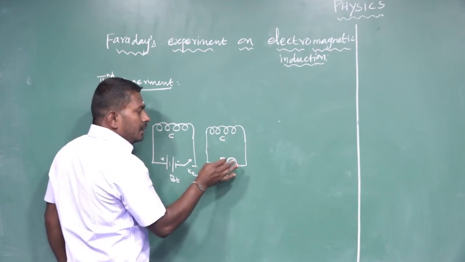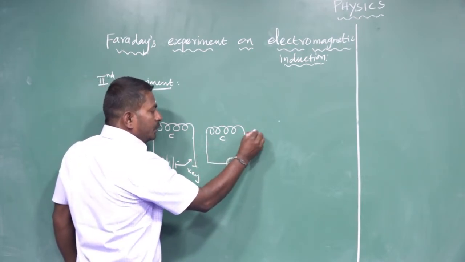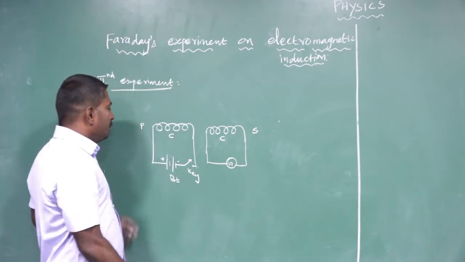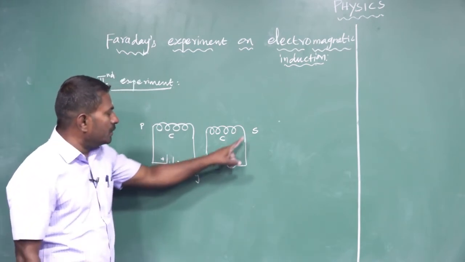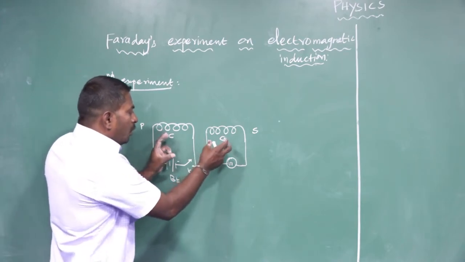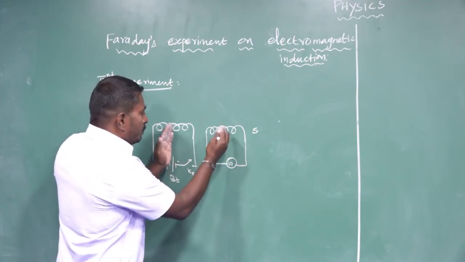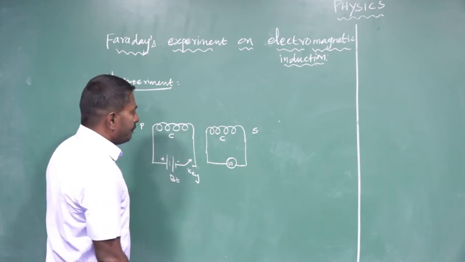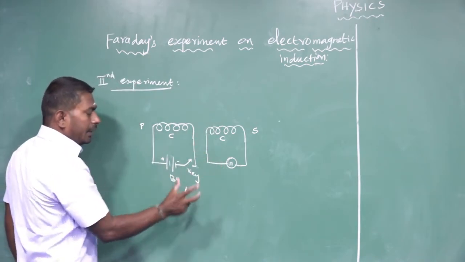This forms the secondary closed circuit S. P means primary closed circuit, S means secondary closed circuit. Both closed circuits are placed very close to each other, like this arrangement.